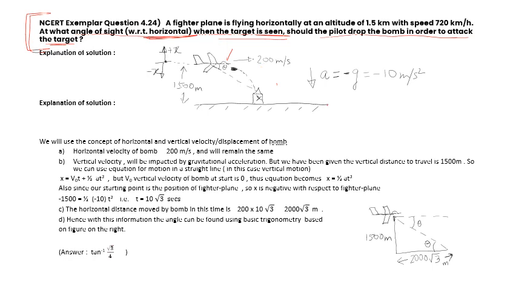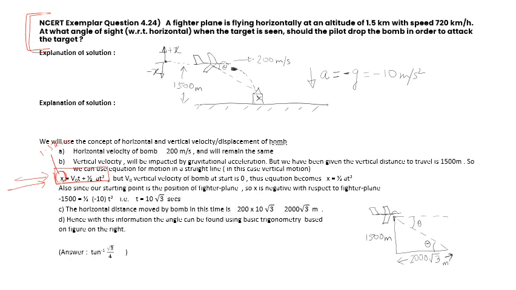So let's look at the equation that can be applied here. Look at this equation which I'm trying to point to in one of the lines: x is equal to v0 t plus half a t square. Now x is known. The distance to travel by the bomb is 1.5 kilometers or 1500 meters.